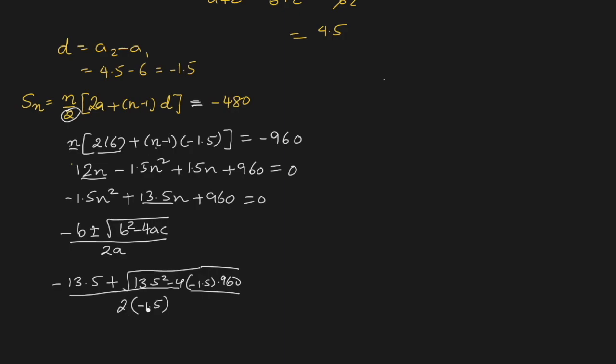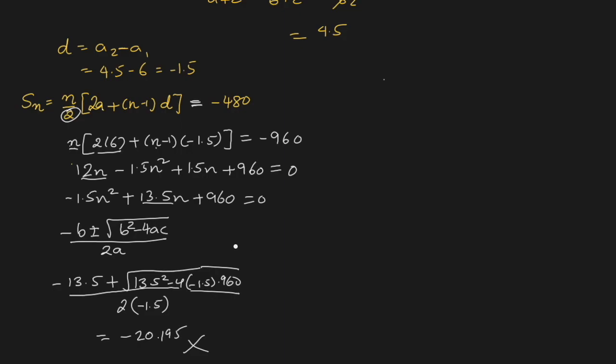So okay, because of this negative, this is not going to be a good number. So let's see, let me use my calculator for this. And I got minus 20.195 in this case, which is not acceptable because number of terms cannot be negative.